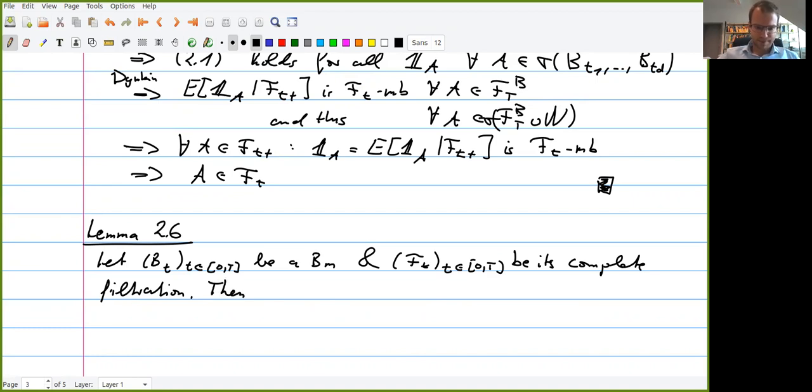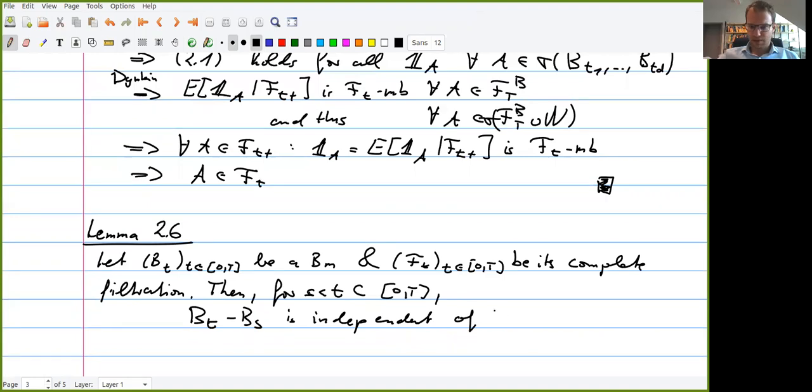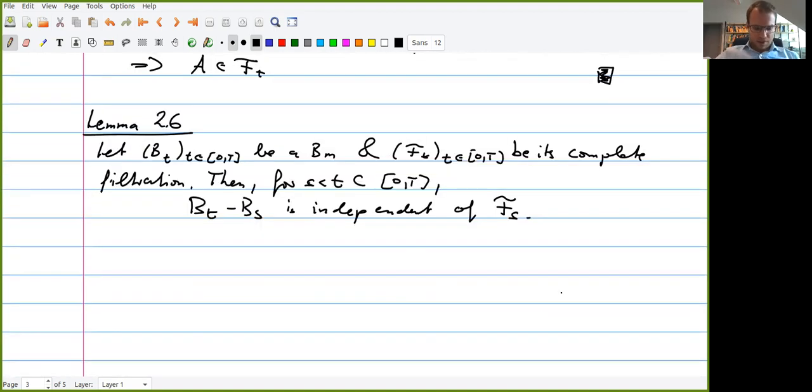Then for s less than t, part of my interval 0 to T, what do I have? The increment from B_t to B_s is independent of the sigma algebra at time s.